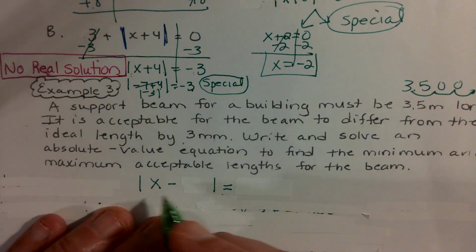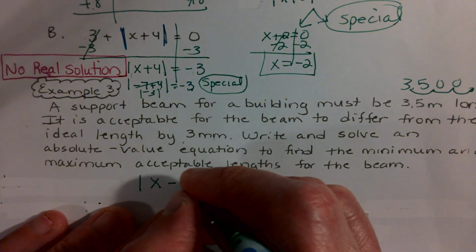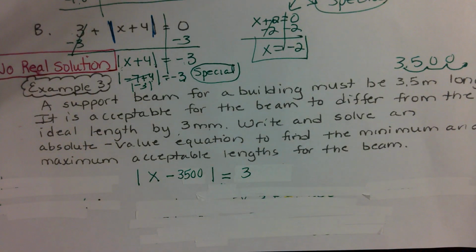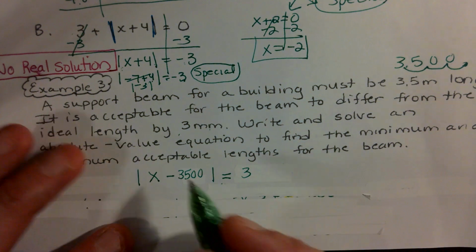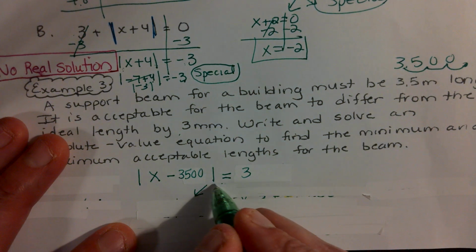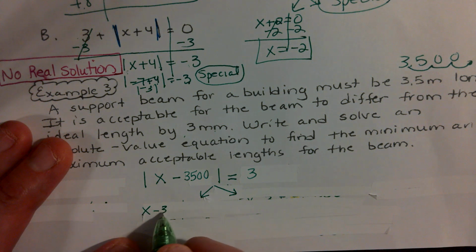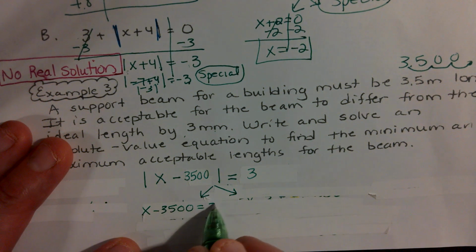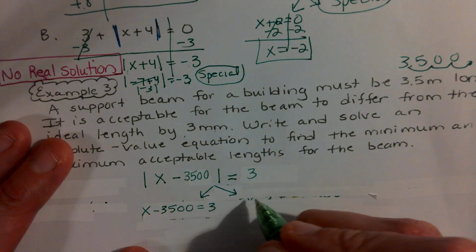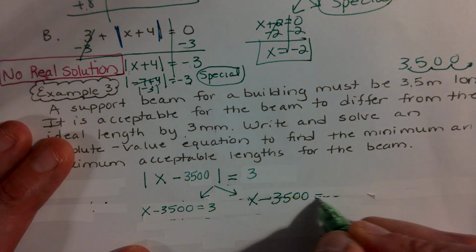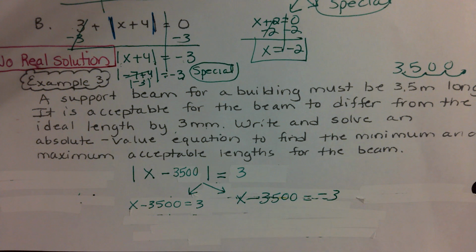So it's saying when you have the support beam and you're subtracting the 3,500, it's okay for it to be 3. So I had those two numbers flipped, and now although the numbers themselves will be the same, it's the signs that were bothering me. So when you split them up, watch what happens now. X minus 3,500 equals 3, the positive, and then x minus 3,500 equals negative 3.